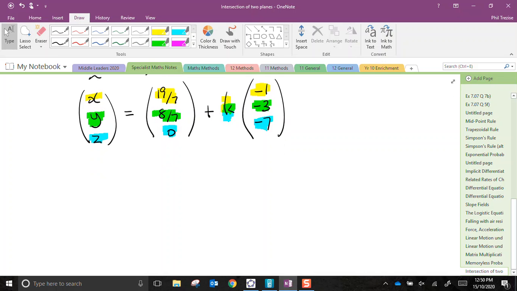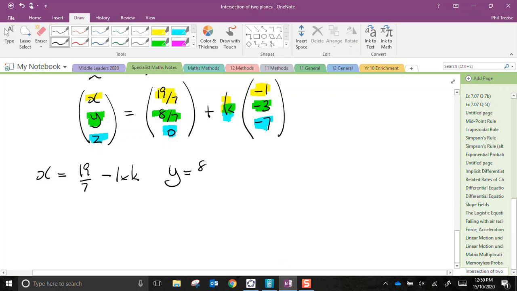So let's write those expressions. X equals 19 over 7 minus 1 times k. Y equals 8 over 7 minus 3k, and z equals 0 minus 7k.